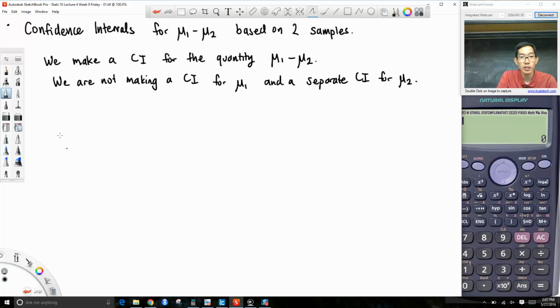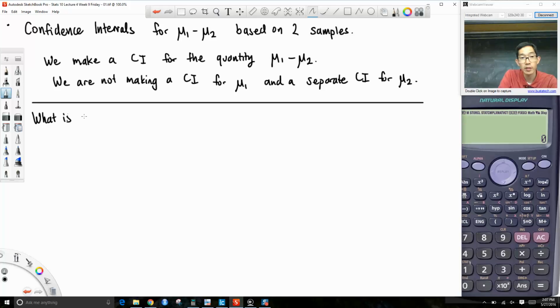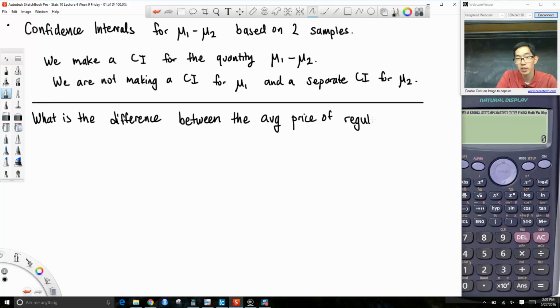An example of this is we might ask, what is the difference between the average price of, we'll say, regular gasoline, in dollars per gallon, and the average price of premium gasoline?